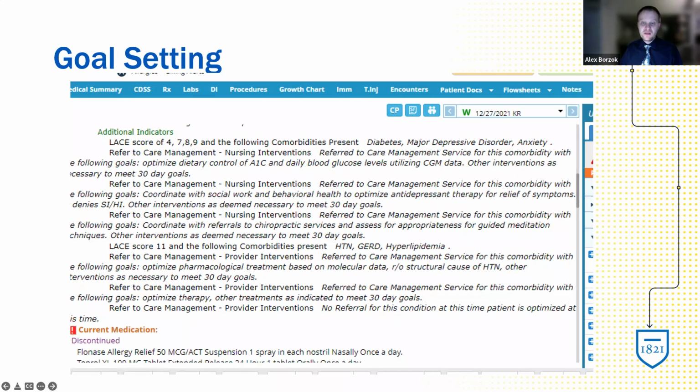We're delegating those to the most appropriate resources, and giving those resources some idea of what we want to see at the end of the 30 days. And this is all developed with the patient in the room, and they're on board with these goals.